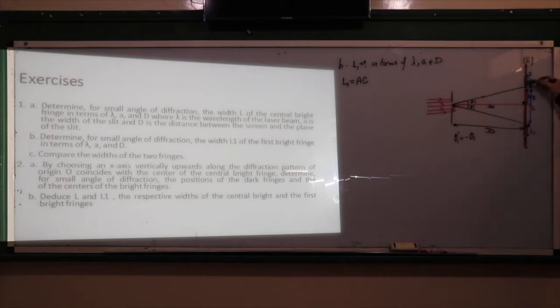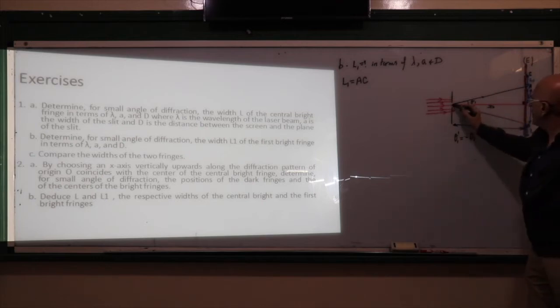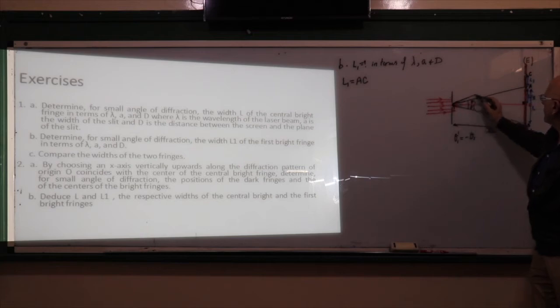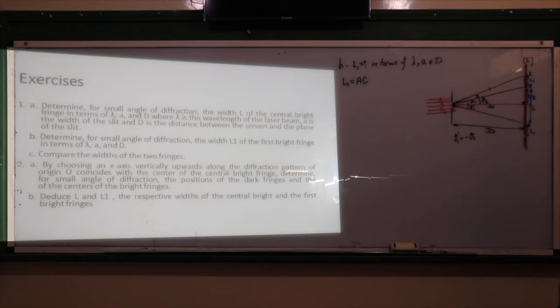The first bright fringe is bounded by the first dark fringe and the second dark fringe. So I need to draw here to show theta 2, the angular position for the second dark fringe.